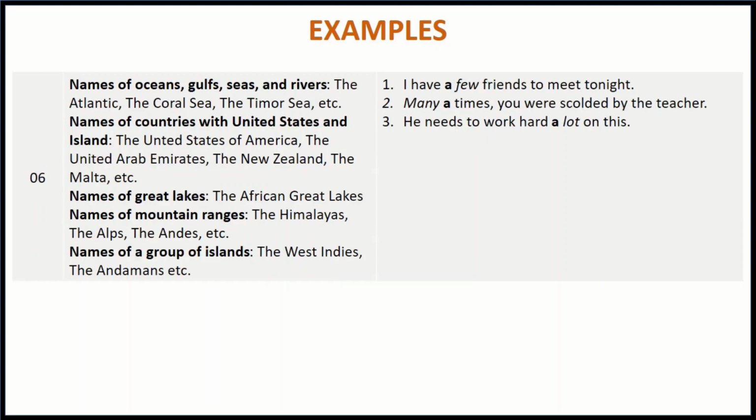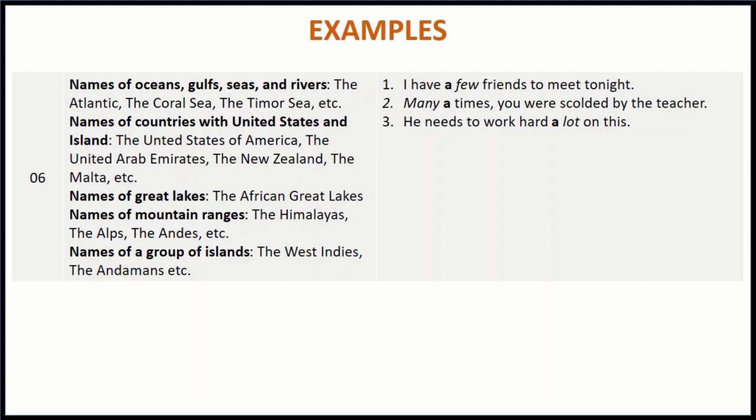Last is rule number 6, which states that names of oceans, gulfs, seas and rivers must go with the definite article the. Similarly, names of countries like the United States, or simply the United, or even the Ireland, they need the definite article the.